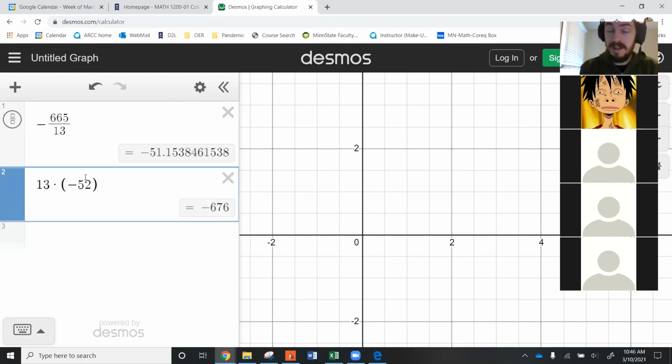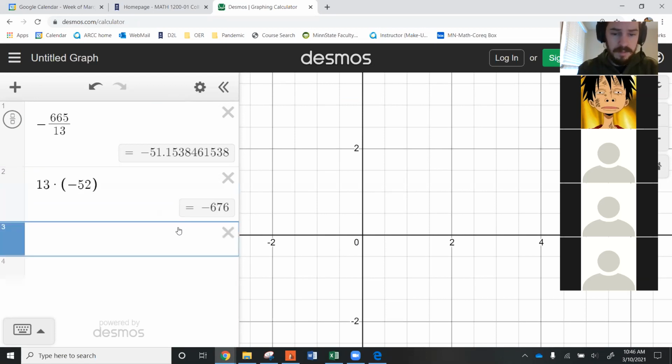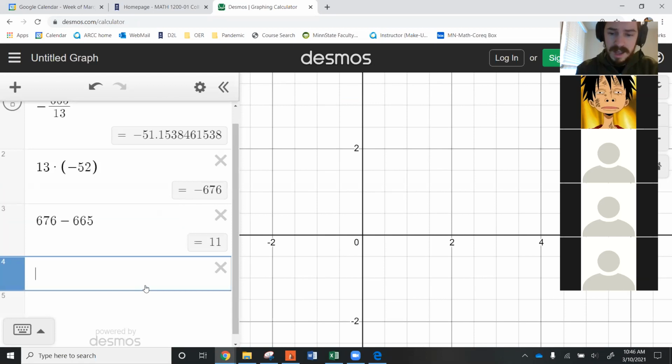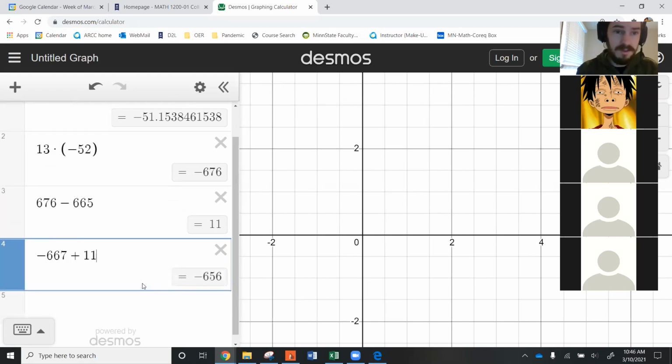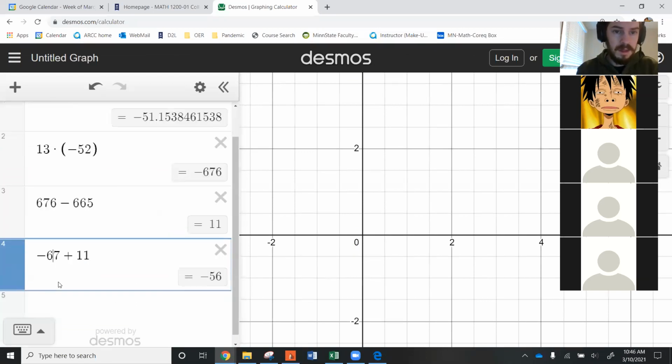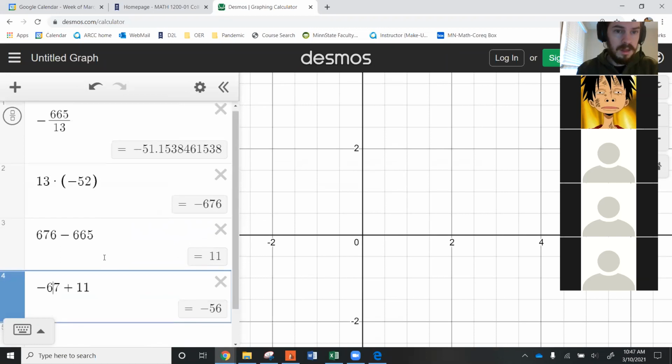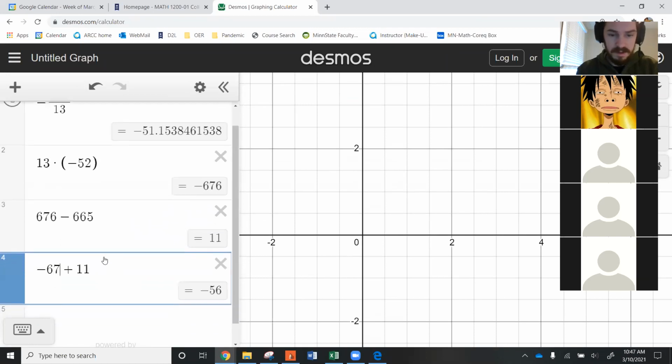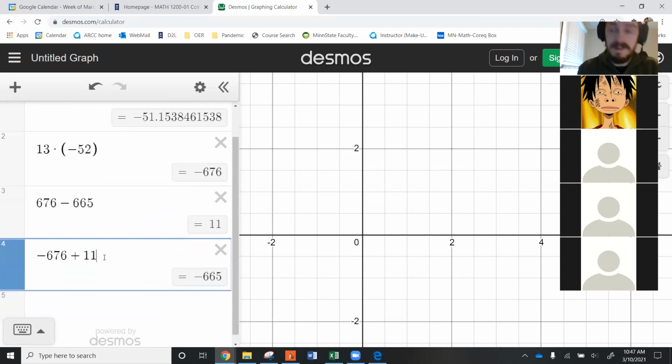rounding that down, that's negative 676. And then we do 676 minus 665, which is 11. So negative 676 plus 11 is negative 665.